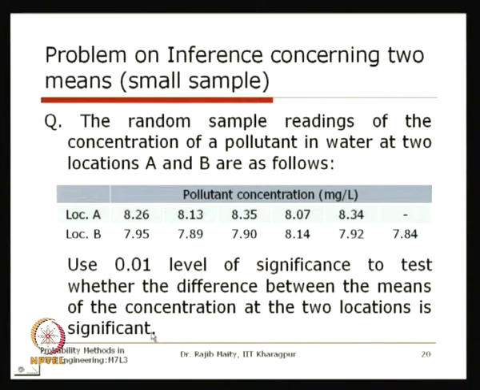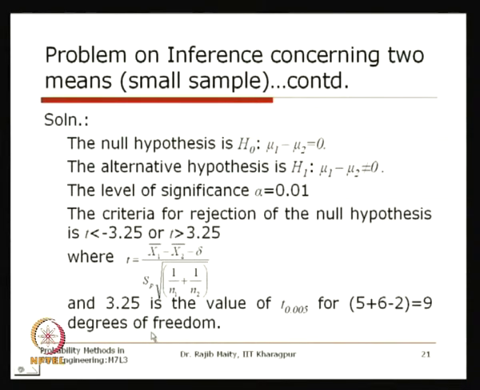Then what we have to do? We first formulate the hypothesis. We are testing whether the difference is significant or not, so this is a two sided test. The null hypothesis we put is mu1 minus mu2 equals 0, because we are trying to test whether these are different or not.